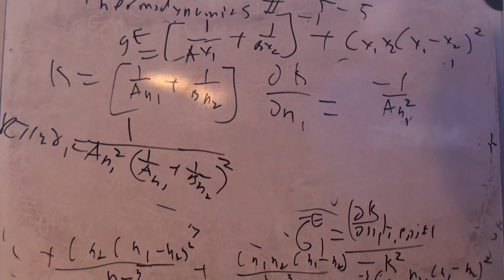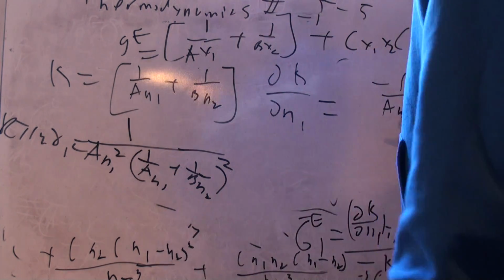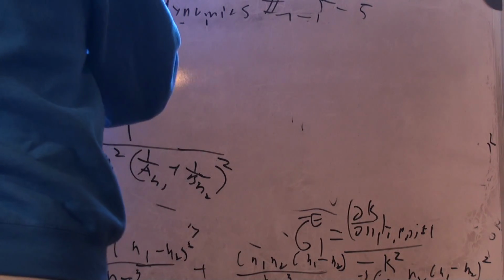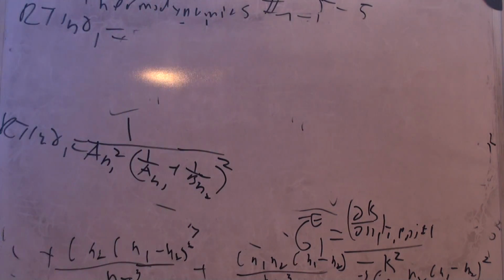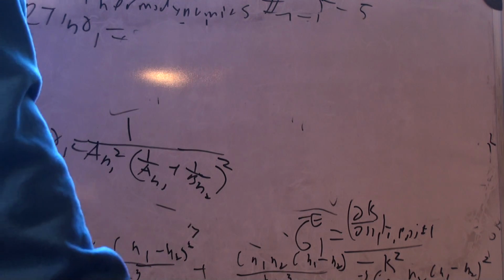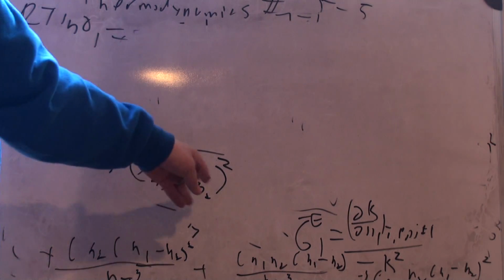Okay, and then I got this thing going on. Alright, well let's get those into x's. We'll figure out the x's on this in a sec. Well actually, there's that piece, that piece, that piece. Let's just start doing the x's. So I've got RT natural log of gamma 1 is equal to, well, the n's are squared, so I can distribute this n1 into here.